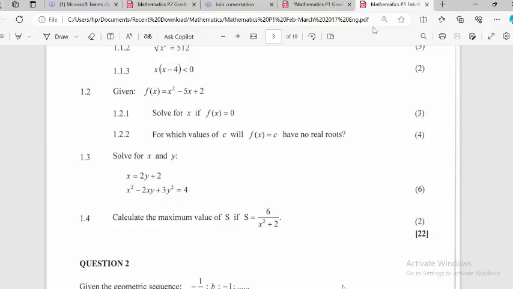They did not give us specific instructions whether which answer could be correct or not. Do you see the question that I've shared now? Solve for x and y.